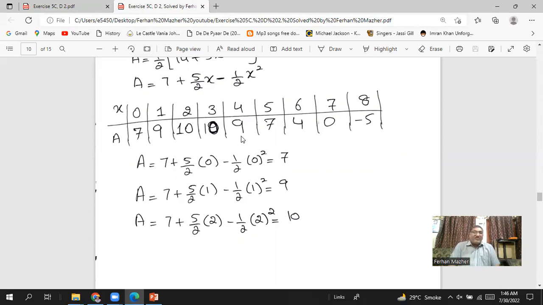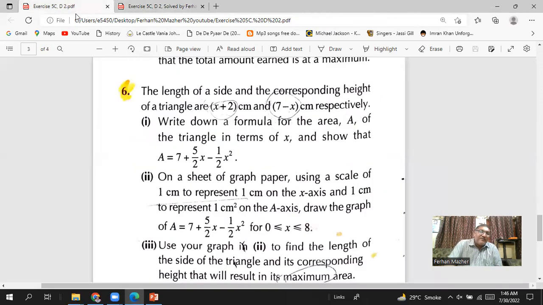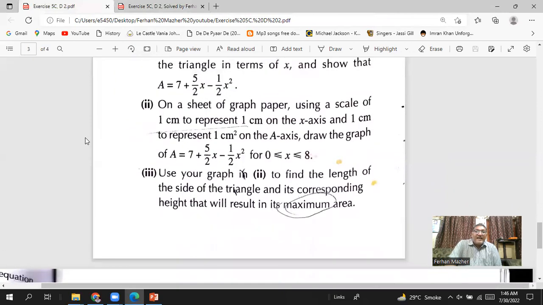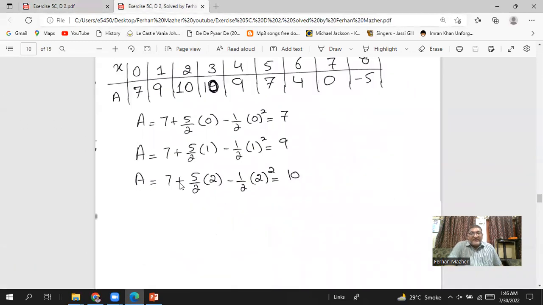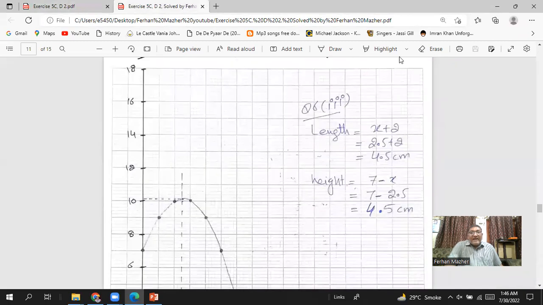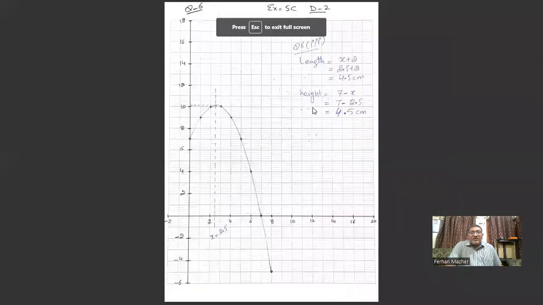On both the axes, the scale they are giving us is 1 centimeter to represent 1 unit on the x-axis, and on the y-axis, 1 centimeter will represent 1 centimeter square of area.